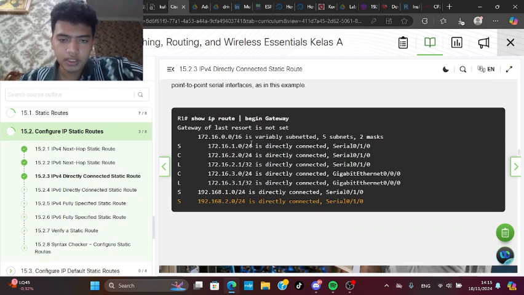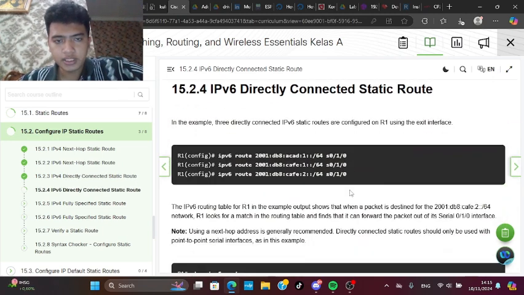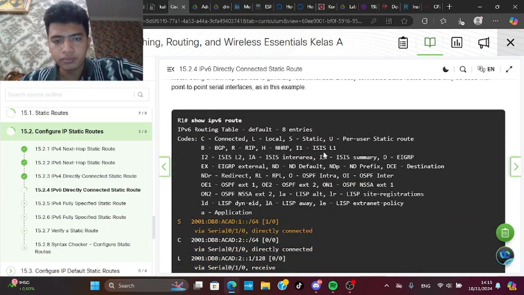So we can see here that it's directly connected but with serial. The serial is from router 2 actually. And then for IP version 6, assuming it's the same as above, we use this serial also, the serial of router 2.